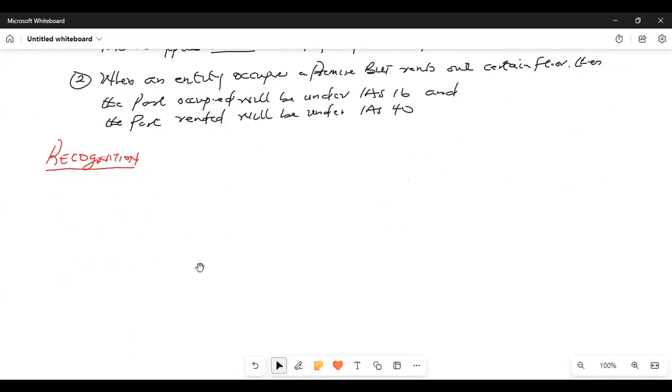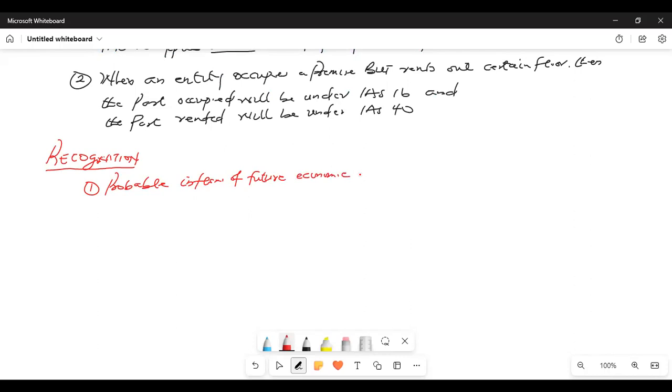Number one is that there is a probable inflow of future economic benefit associated with the IP, the asset. The future economic benefits we've been talking about are the ones associated with the particular asset.